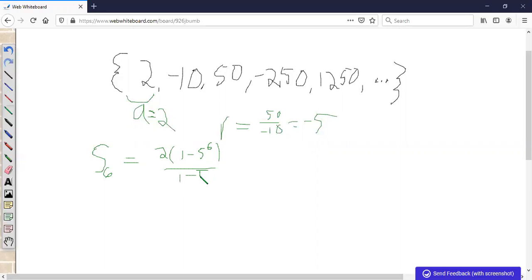I regret life choices right now. And so if we need to deal with 5 to the 6th, I also regret not having a calculator. 25 by 625 is 15,625.